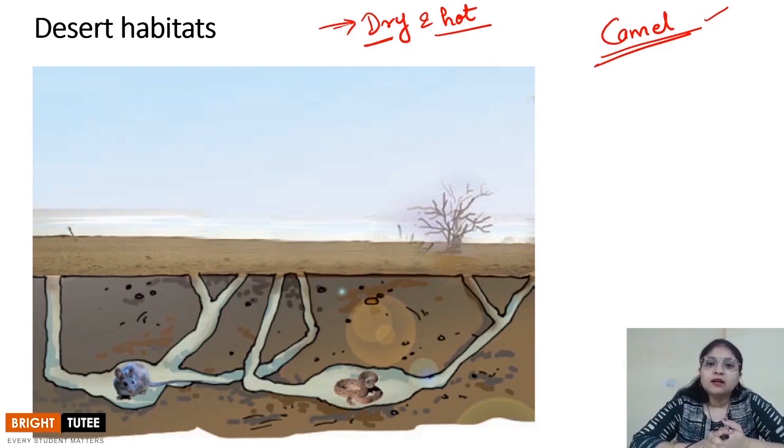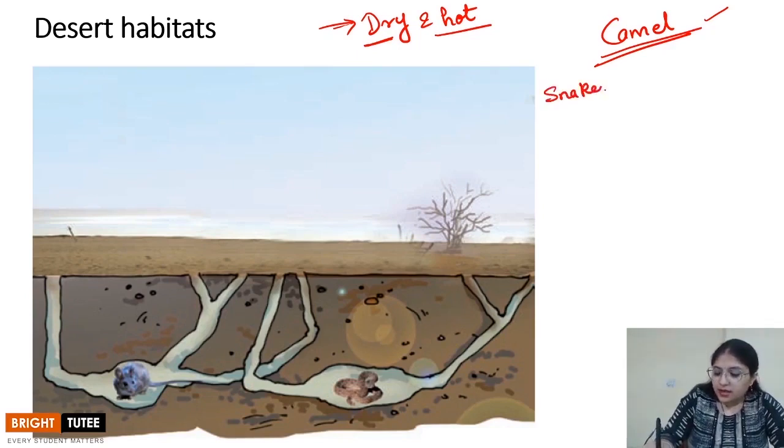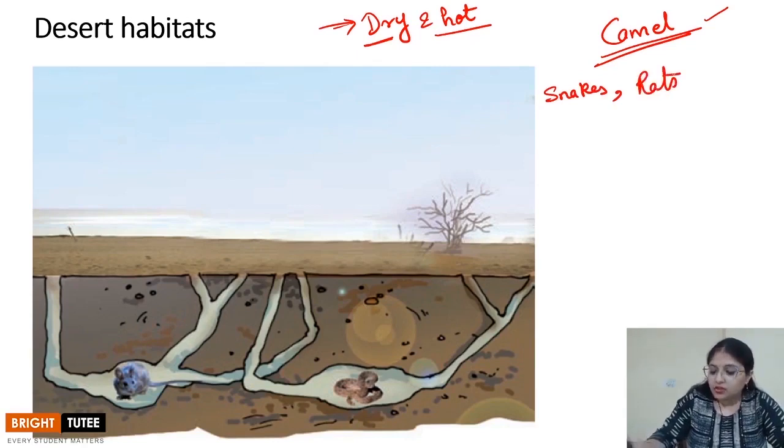Understand this, students, that like the camel, these animals also need to protect themselves from the heat, as well as conserve their energy. Also they need to cope with the dry environment, right? So first of all, let's understand that there are various kinds of snakes present in this desert habitat, as well as rats.